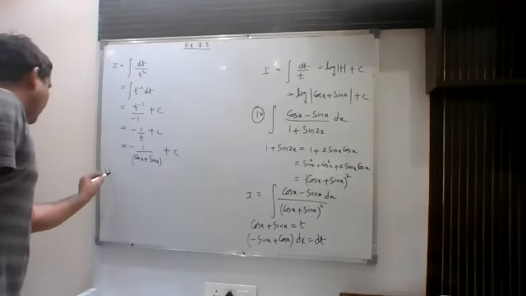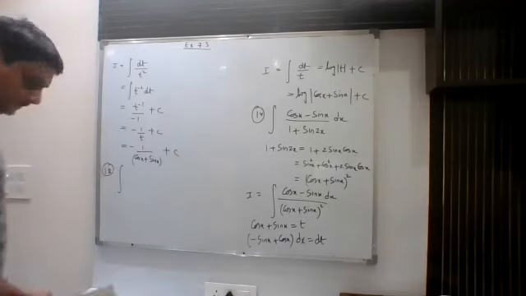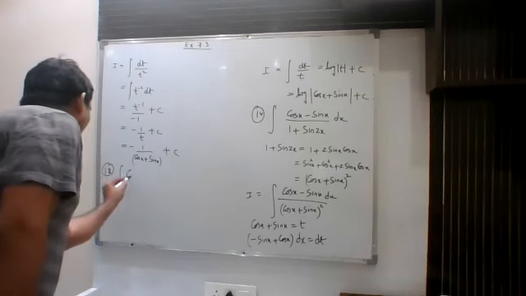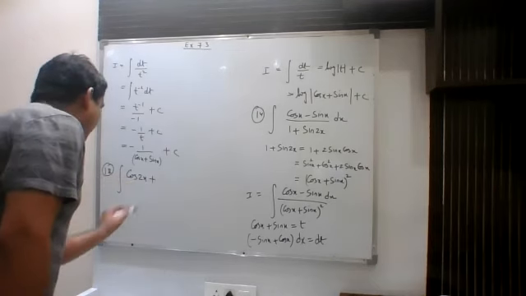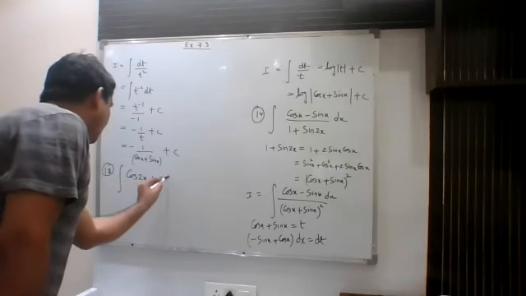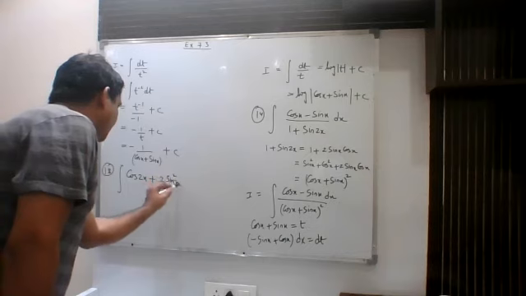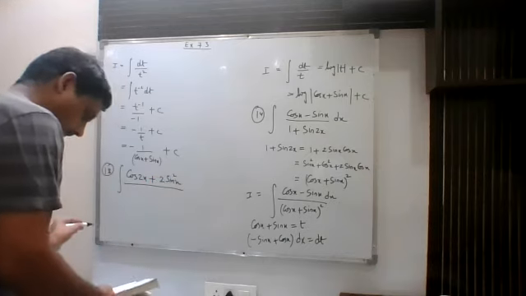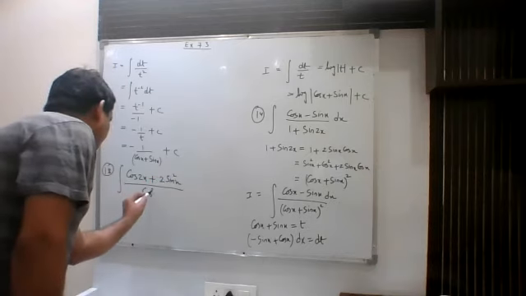After 14, we will do question number 18. That is (cos 2x plus 2 sin square x) upon cos square x.